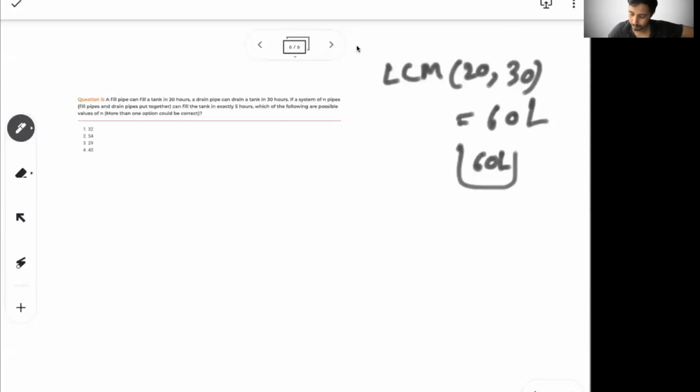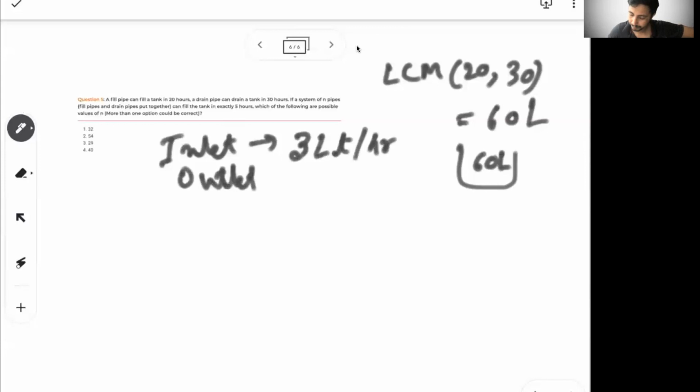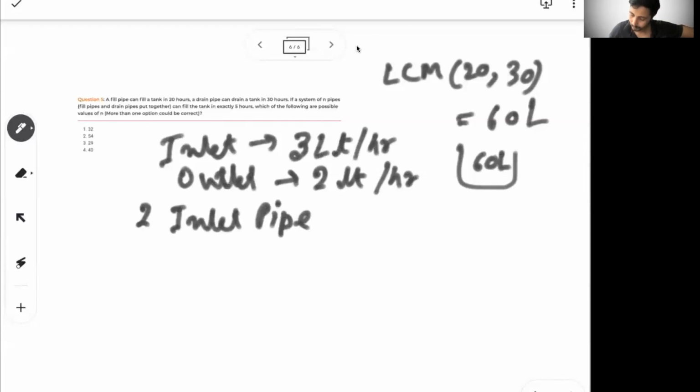So for an inlet pipe, 20 hours means typically 3 liter per hour. For an outlet pipe, it is 2 liter per hour. Obviously it's a minus, or it kind of goes out. So can I say 2 inlet pipes completely nullify the work of 3 outlet pipes?